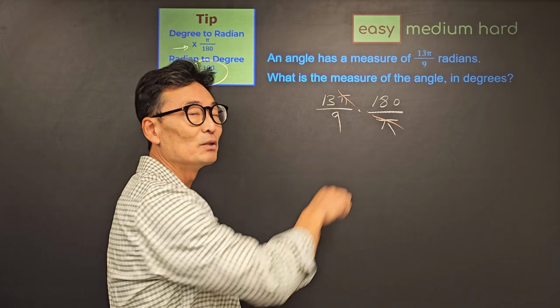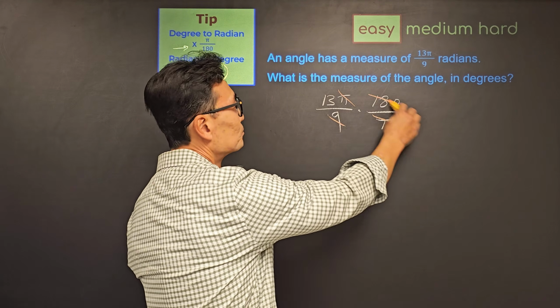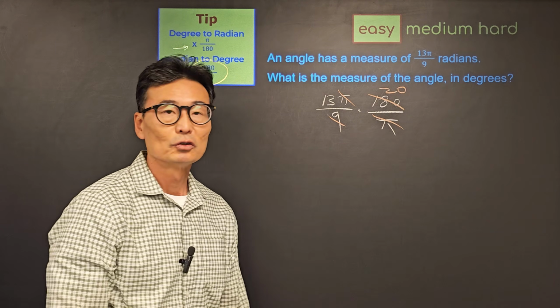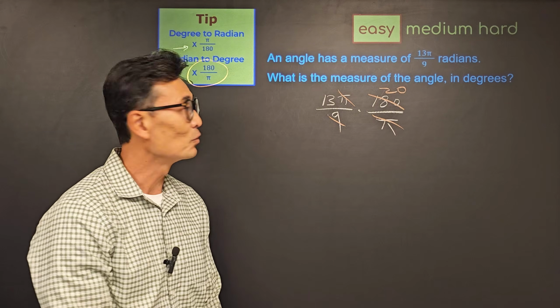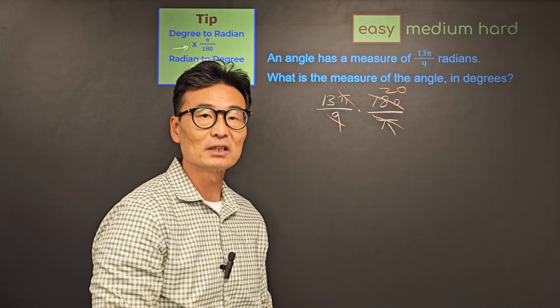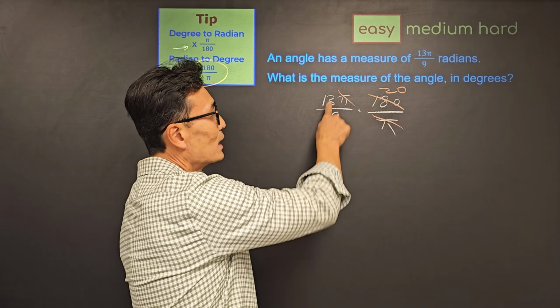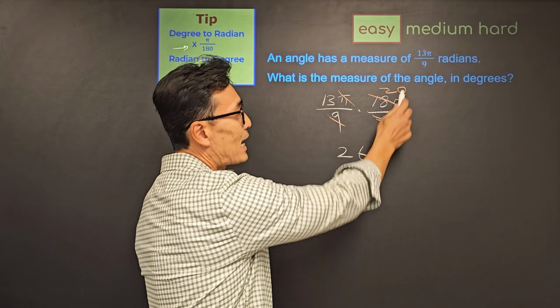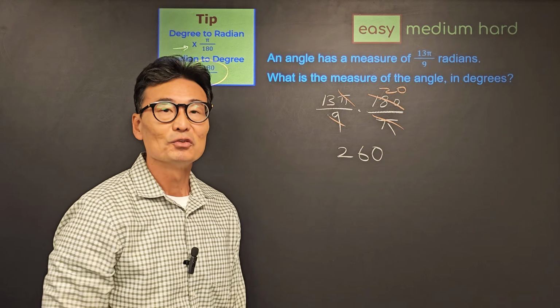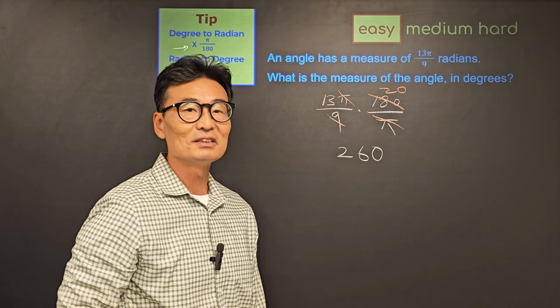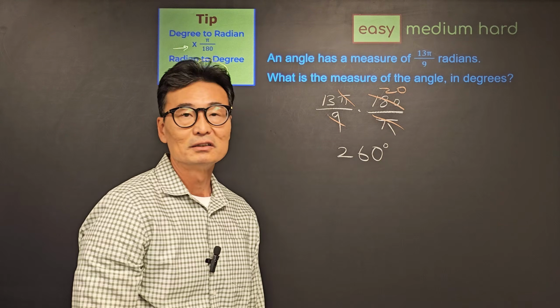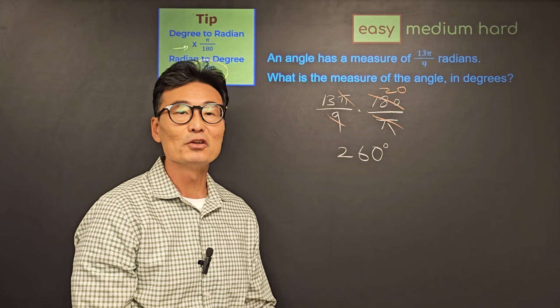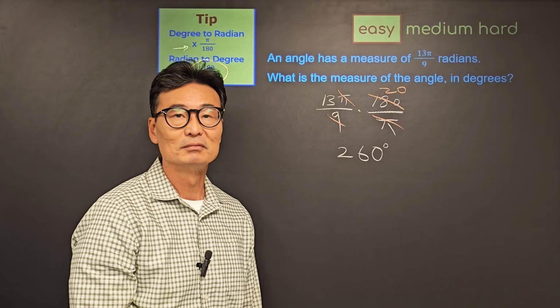The 9 and the 180 will reduce to 20. Only thing we have left over is the 13 and the 20 on the top, where 2 times 13 is 26. And then we just tack on that extra 0. So then the answer is 260 degrees. Let's do another one that's a little bit more challenging.